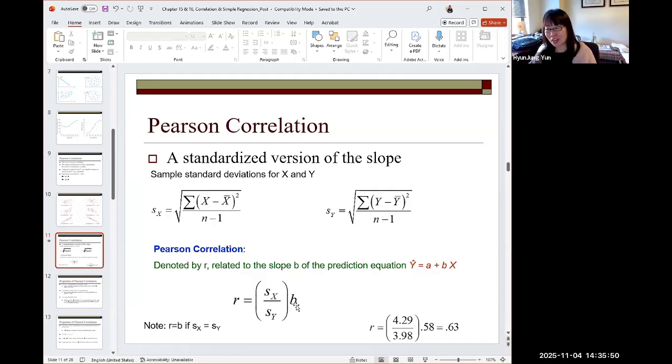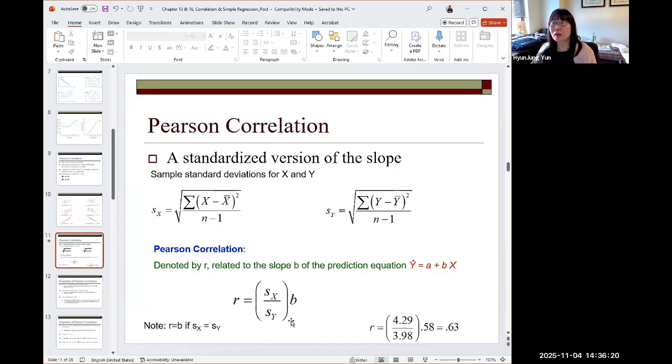That's the slope, right? So basically, the Pearson correlation value is calculated by the ratio of the standard deviations of the two variables multiplied by the raw slope. Okay, so that is the Pearson correlation value. In other words, we use the standard deviation to standardize the slope.